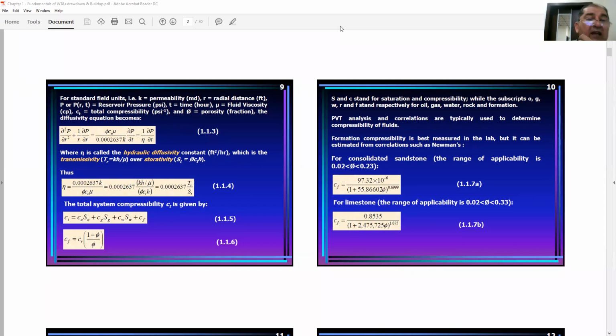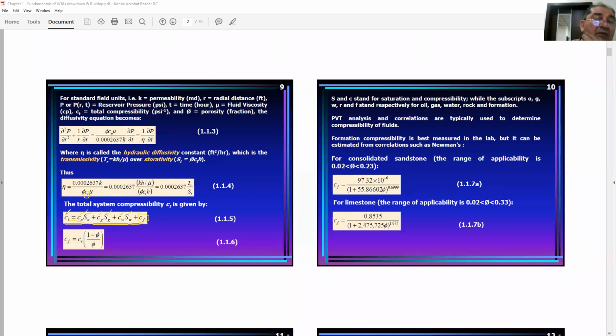If you have multi-phase flow, CT can be calculated from the compressibility of the reservoir fluid: oil compressibility times oil saturation, gas times gas saturation, water times water saturation, and the compressibility of the solid material.